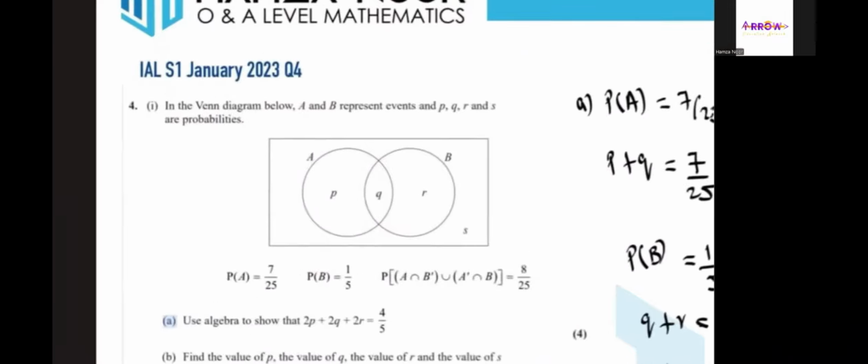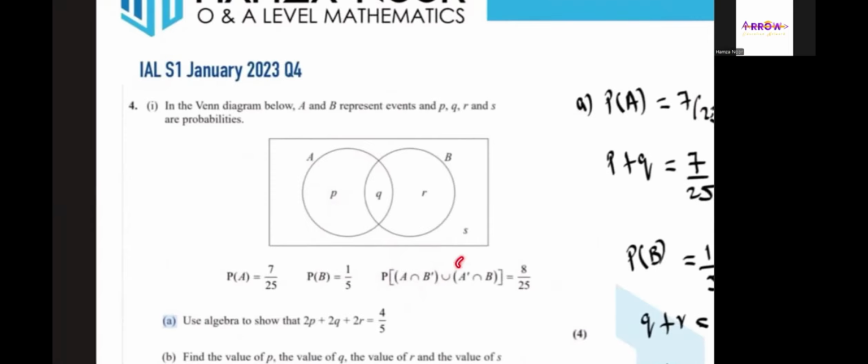First, if we want to see what A intersection B complement is, this means the part of event A which is not part of B. This will be equal to P. The overlap between A and B complement, meaning the part of A which is not part of B, is equal to P.